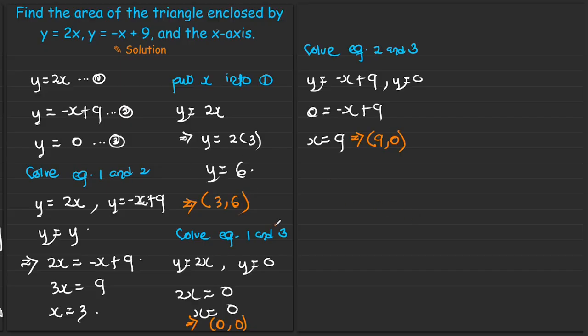With these points, it will be very easy if you go straight to the graph and determine your height and then the base. But on the other hand, using the shoelace method, you would do that on your graph and then confirm from me if you have the same answer in the comment section.